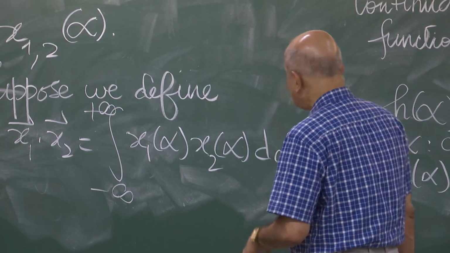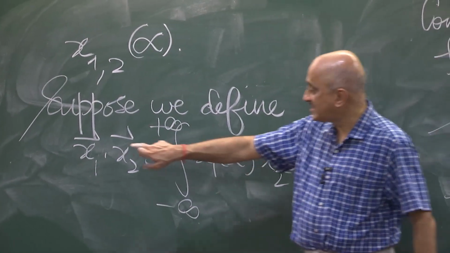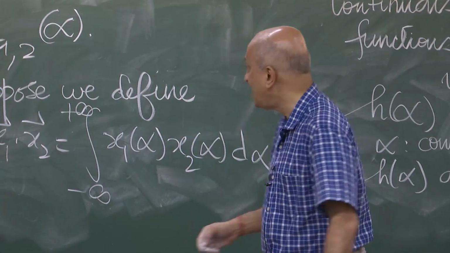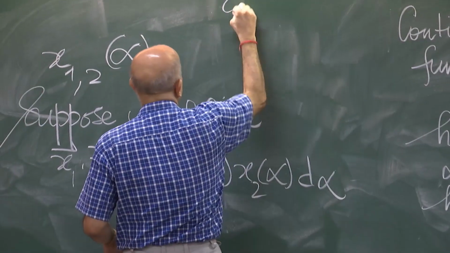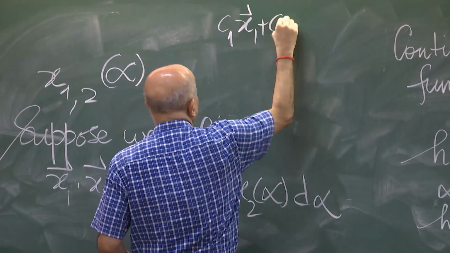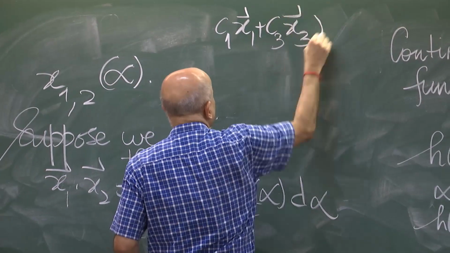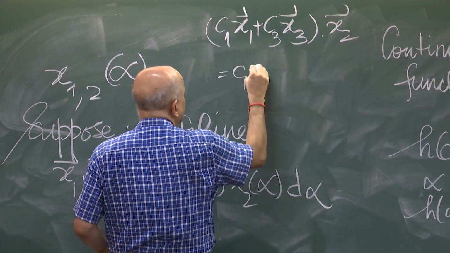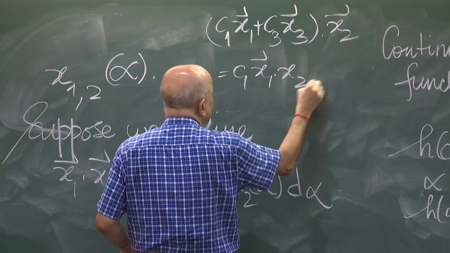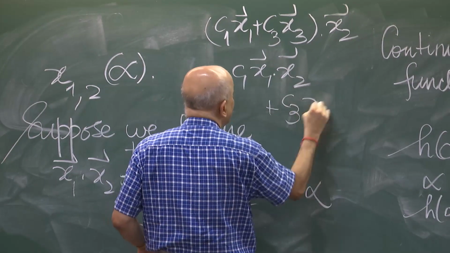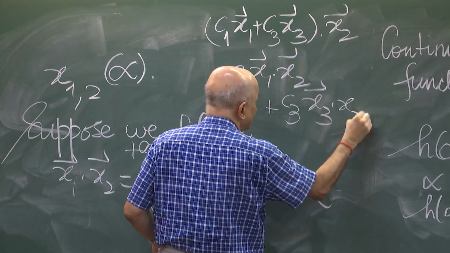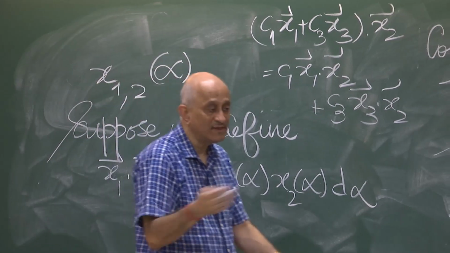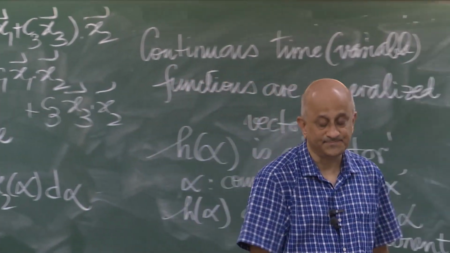So, if I take a linear combination of vectors, the dot product should also be linearly combined, which means if I have something like C1 x1 plus C3 x3 and take a dot product with x2, it should give me C1 x1 dot x2 plus C3 x3 dot x2. We know this is the linear combination property of the dot product, which of course carries over here, there is no problem.